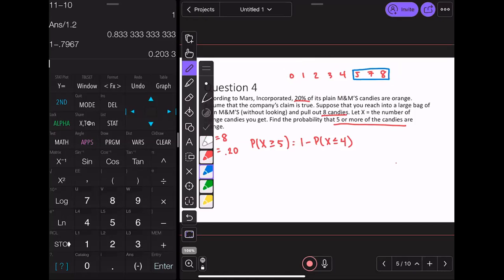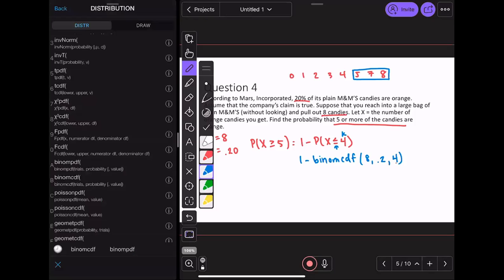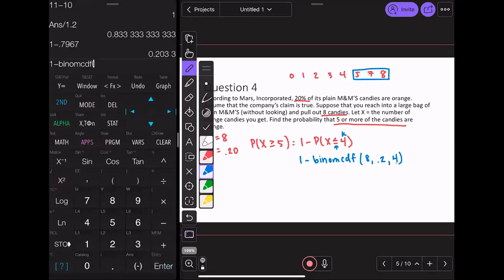Okay, so once it's written like that, that becomes our K. Now we can put it into our calculator. So we're going to do 1 minus binomcdf. We use CDF because it's an inequality. So it's going to be N, P, and then K is going to be 4. So we do 1 minus, second vars, binomcdf.